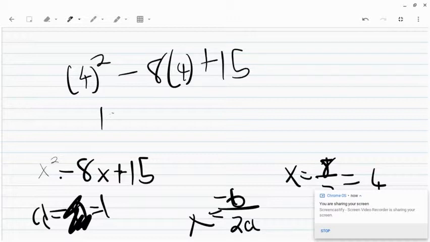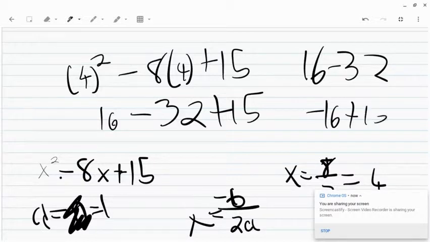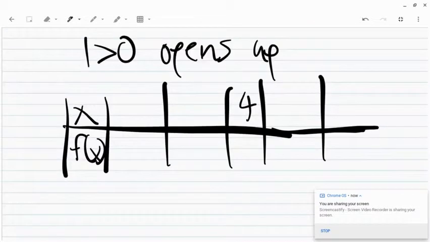So you do the exponent first, 16 minus 32 plus 15. 16 minus 32 equals negative 16, and then plus 15, which would equal negative 1, and you have found your vertex. At x equals 4, f of x is negative 1.